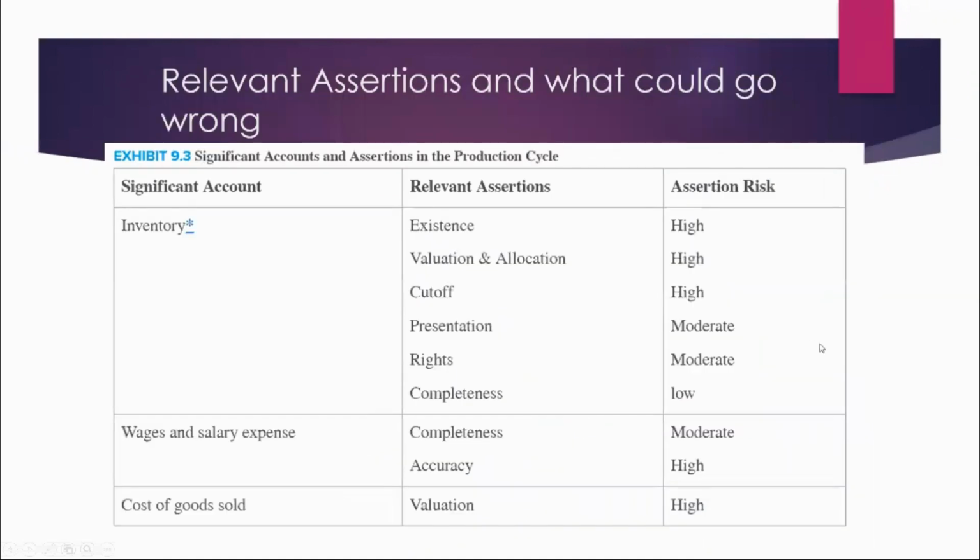So if we think about assertions relating to the production cycle, existence is one that is typically considered pretty high. What we would be concerned with relating to inventory is that they state they have a certain amount of inventory, but they don't really have that much inventory. There are some cases from the 90s where this one pharmacy called Phar-Mor, the audit was pretty scheduled, and they always knew where the auditors were going to be to do their inventory testing.